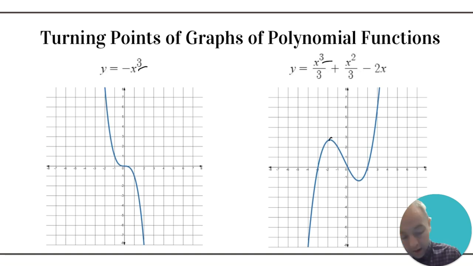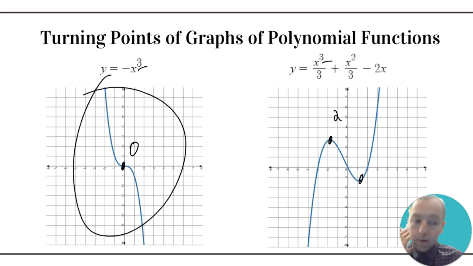It turns out that it could have 2, so exactly 1 less than the degree, but it would be impossible for it to have 1 turning point. So basically what that means is if it's an odd degree, it has to have just an even number of turning points. So since the only even numbers less than 3 are 2 and 0, then having 2 or 0 turning points are the only possibilities for cubic functions, right?